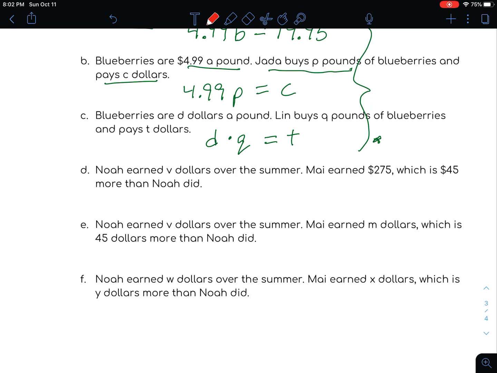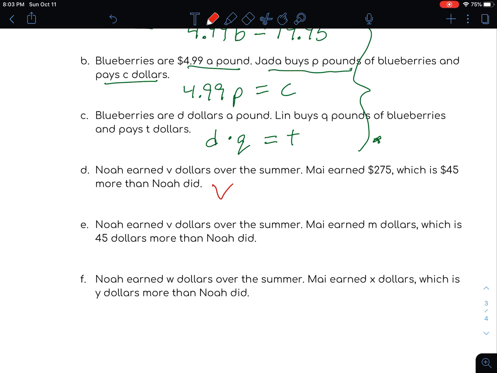Okay, let's take a look at D. Noah earned V dollars over the summer. Mai earned $275, which is $45 more than Noah did. So we're going to write an equation for that. Okay, so we got to think about this one for a sec. All right, Noah earned V dollars.